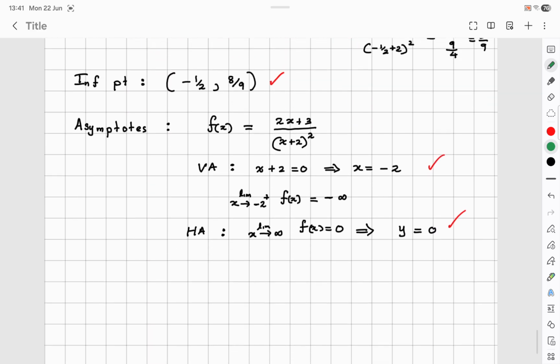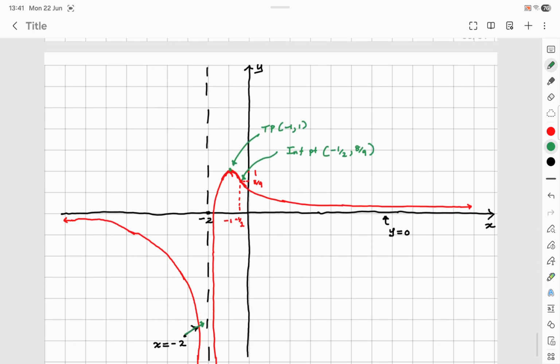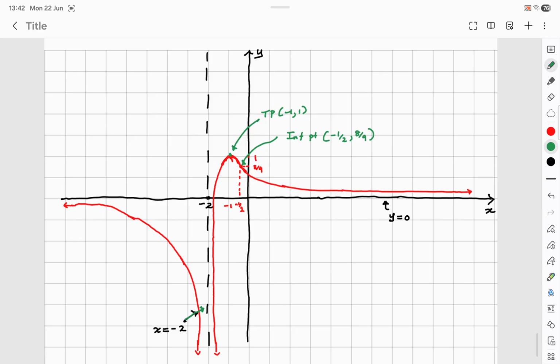So let's see, f(x) is 1 to 1. So 1 to 1 means what? 1 to 1 means we can use what? Horizontal line test, no? Yes. So draw some horizontal lines and see.